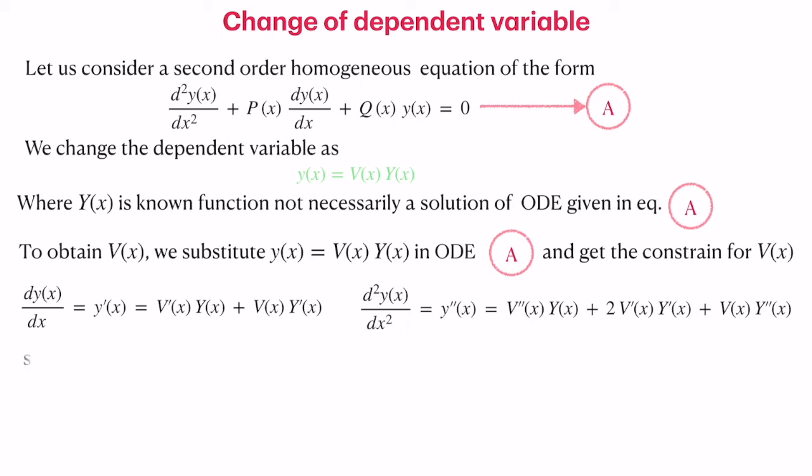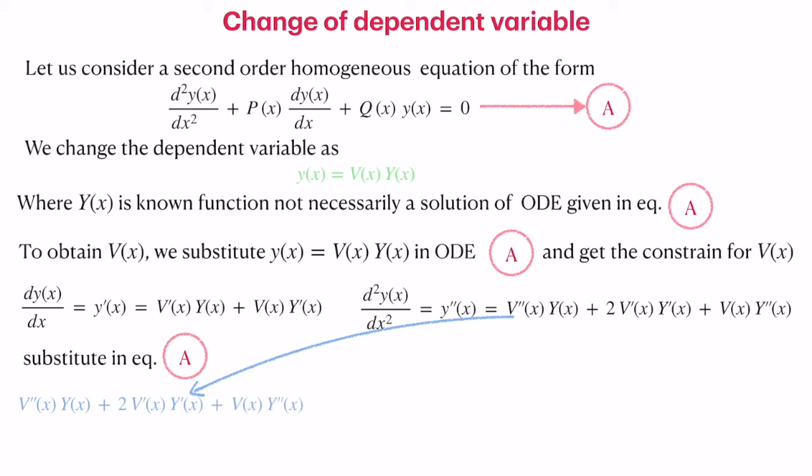This is essentially differentiating the product twice, and we substitute back and get a rather messy differential equation, with v double prime capital Y plus 2 v prime capital Y prime plus v capital Y double prime.